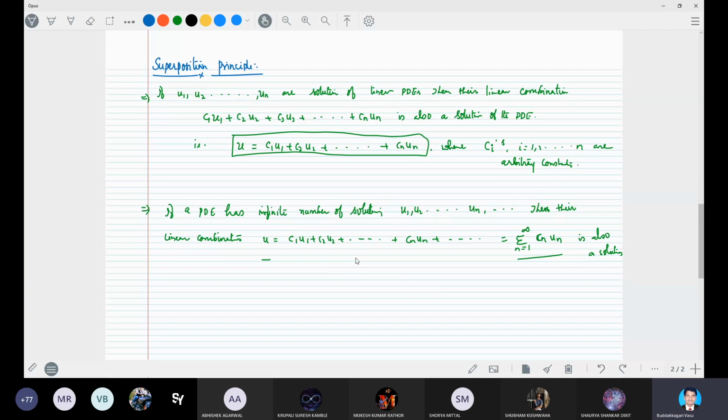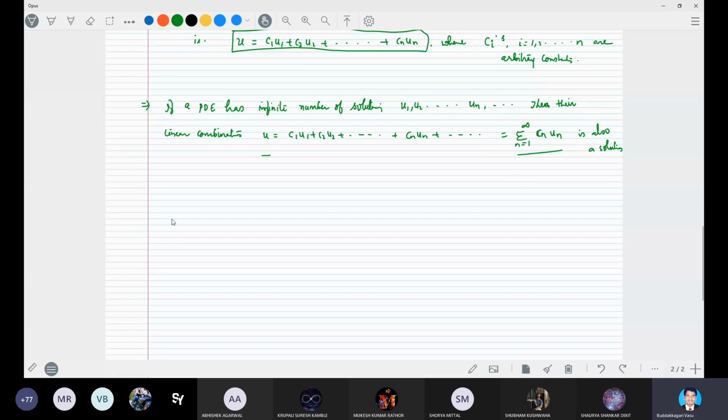Okay, this is the usual superposition principle, which can be implemented very easily in the Fourier method.